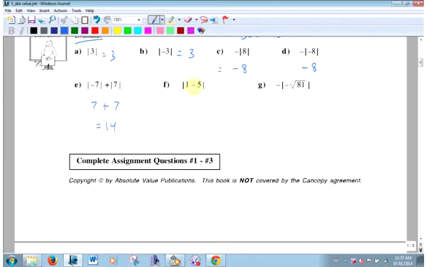So here, these aren't brackets, so I'm not going to call them brackets, but as far as BEDMAS goes, you can consider them like brackets. That says what's the absolute value of 1 take away 5. So do 1 take away 5 first. That's the absolute value of negative 4.